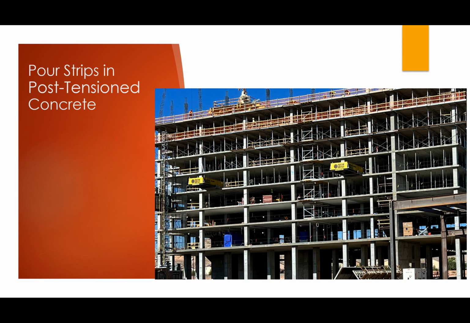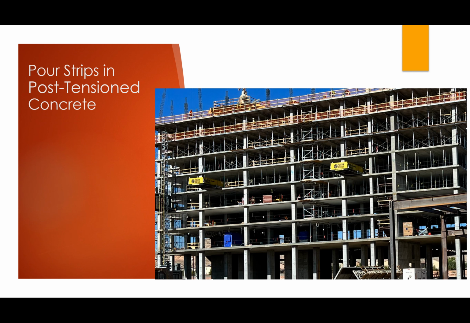But we're going to go ahead and come back to this photograph at the end of the presentation because I'm hoping that once we do, the problem in this picture is going to be immediately apparent, right? And of course, it has to do with the pour strip. You can see the pour strip's kind of located right here where you still have the original formwork on several of these slabs.